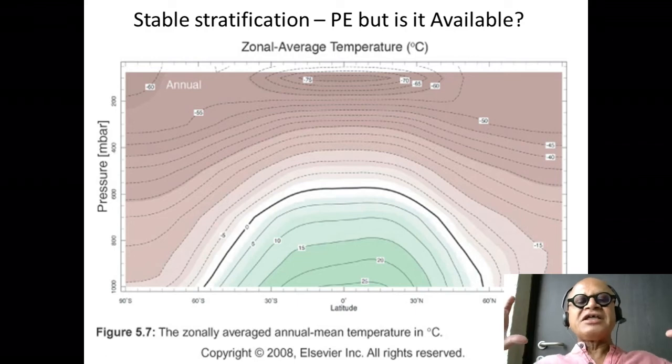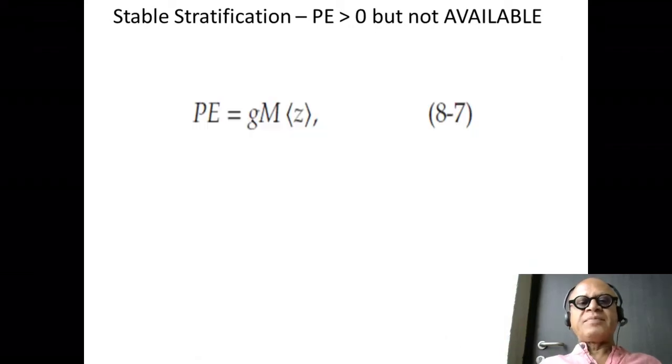If you had a tank and you created such a situation with cold water, for example, incompressible, and warm water, you would just slosh it and then you would mix it up, right? So we will see what we mean by that. In a stable stratification, there is potential energy, but it's not available. If you do these adiabatic displacements, you're still going to maintain large-scale stable stratification, which means potential energy is adjusted, but it's not available to be released into kinetic energy.